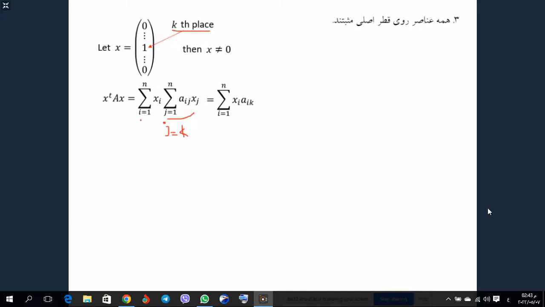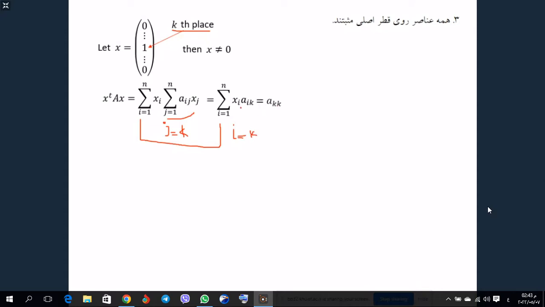So we have the sum of xi aik, and again all are 0 except i equal k.